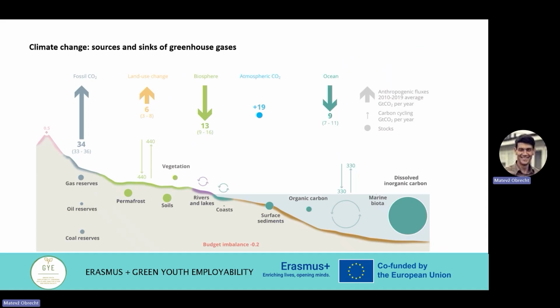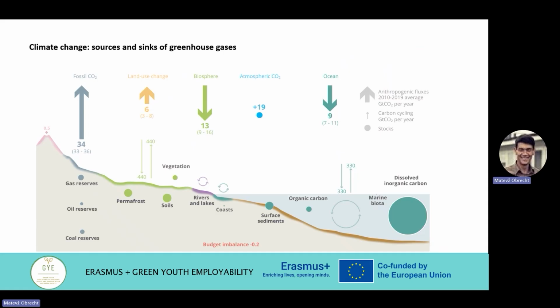And on the other hand, because of the overpopulated planet, deforestation, urbanization and so on, we have fewer forests and bigger emissions of CO2. So that means that the carbon cycle is being broken and planet Earth is not able to regenerate itself.